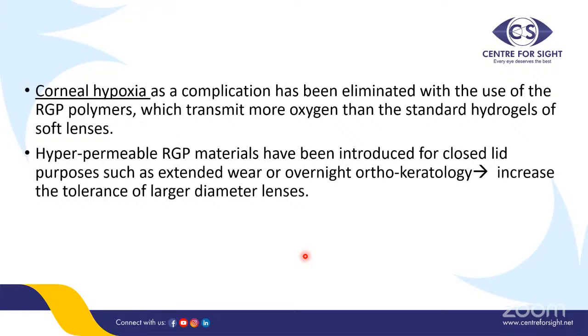However, at present, due to availability of silicone hydrophilic material and even hyperpermeable RGP lenses, they have also been introduced because of increased oxygen transmissibility, and therefore such lenses are also advocated for overnight orthokeratology contact lenses that may be used even during sleep at night, which is while the lid is closed. And nowadays it has better tolerance. Patients develop better tolerance to such lenses for an extended use as well.